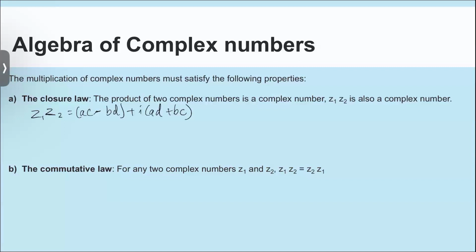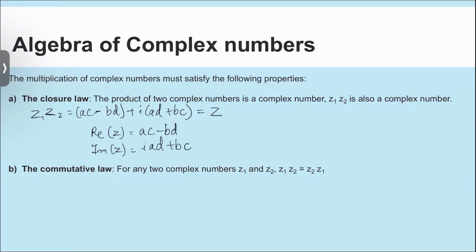If we call this product Z, the product of Z1 and Z2 is Z. The real part of Z is AC minus BD and the imaginary part of Z is AD plus BC.